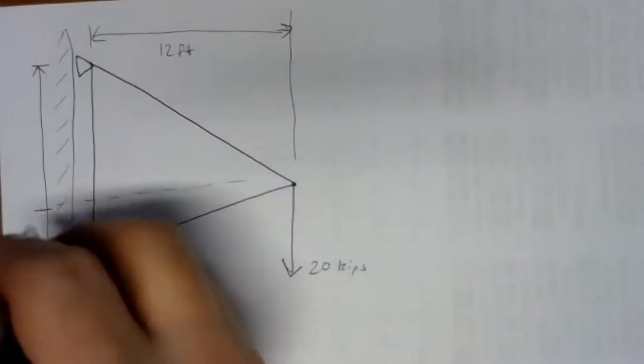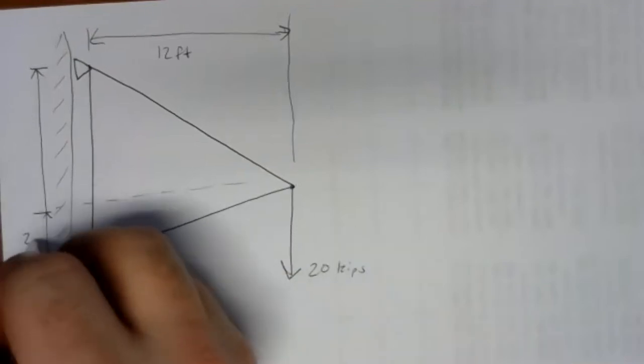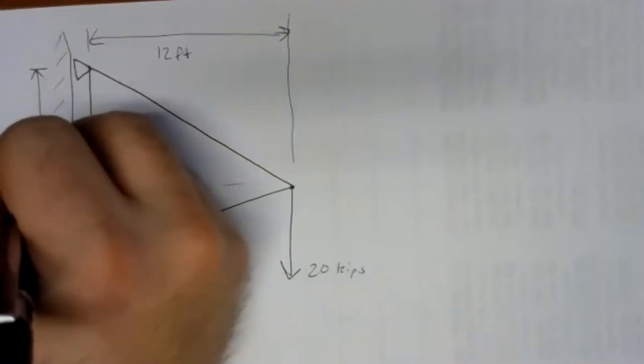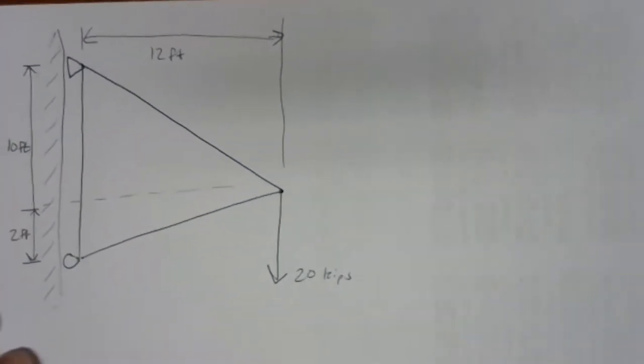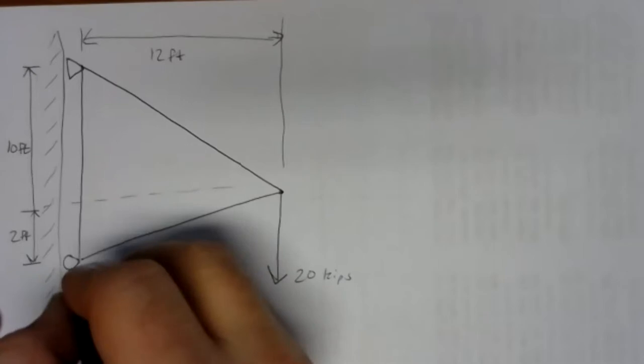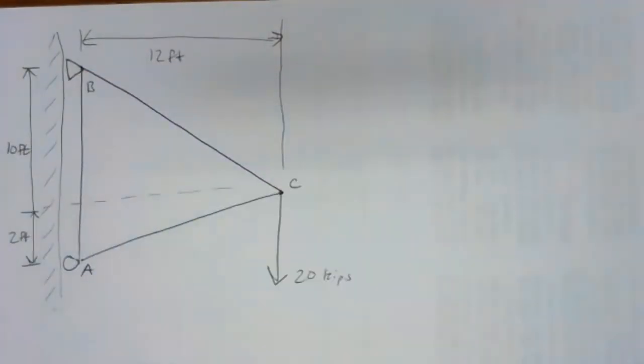That'll give us that distance there. And we'll do, let's say, 2 feet and 10 feet. That looks pretty close to scale. And we'll label these A, B, and C.